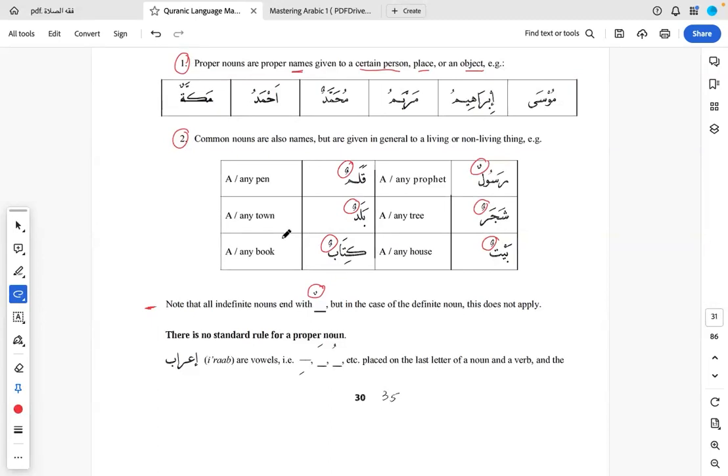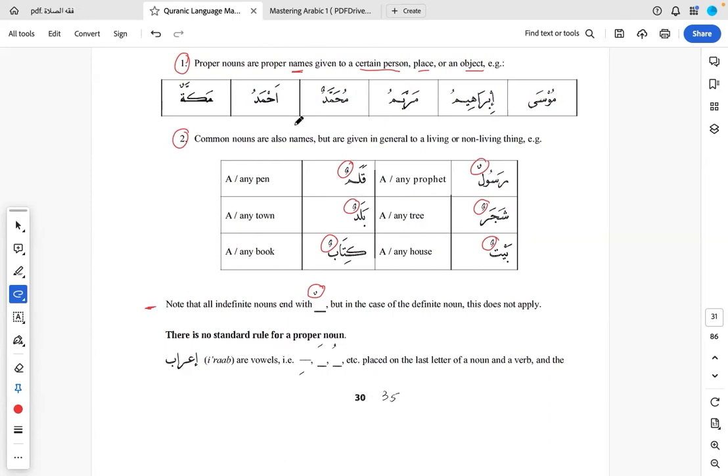There is a very specific group of words that wouldn't accept this tanween at the end, even if they are indefinite, but this is a very specific and limited group of words, and we call it diptotes or mamnu' min al-sarf, and we're going to talk about this later on, inshallah. But for now, let us know the most common or the standard thing.